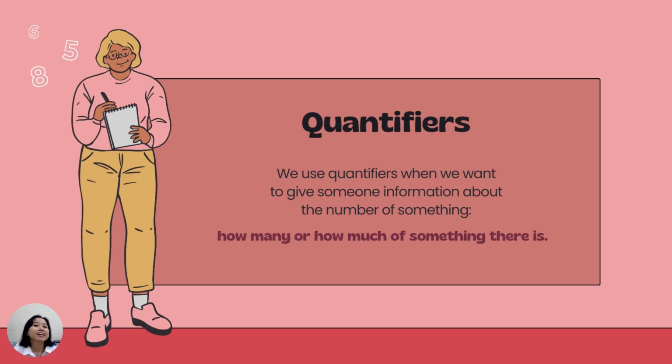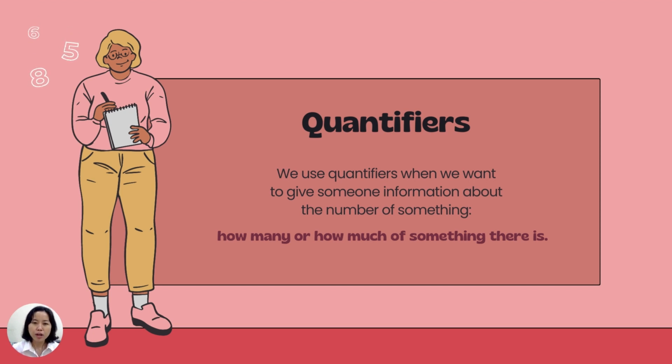Well, let's define what quantifiers are. We use quantifiers when we want to give someone information about the number of something, like how many or how much of something there is.